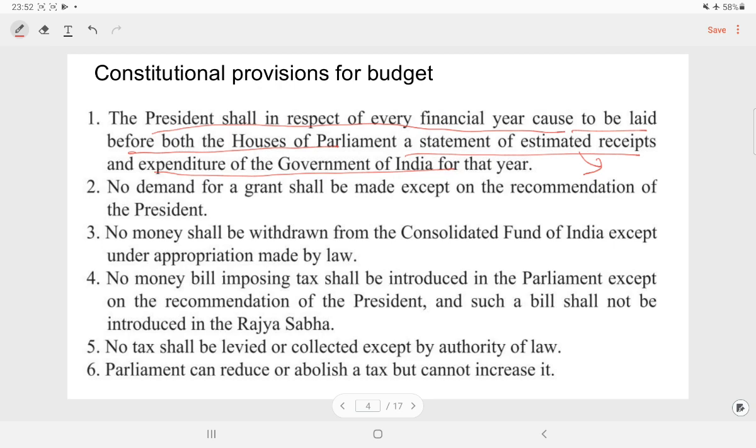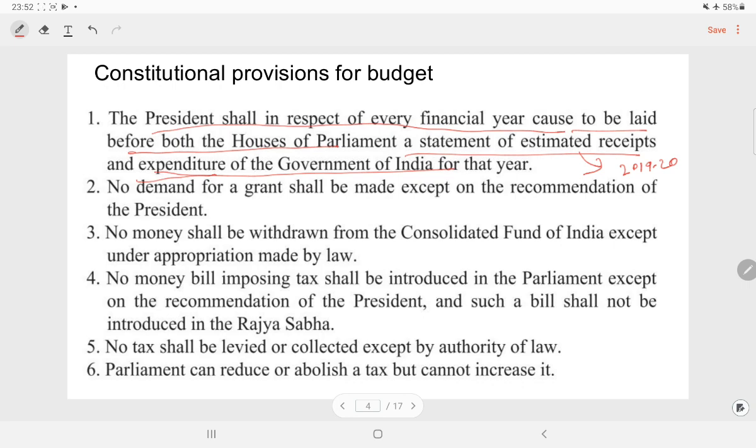On 31st January the President discussed the estimated receipts and expenditure of the government for that year. So in 2019-20, what the government did, how much money it acquired and how it expended it, were all discussed by the President.